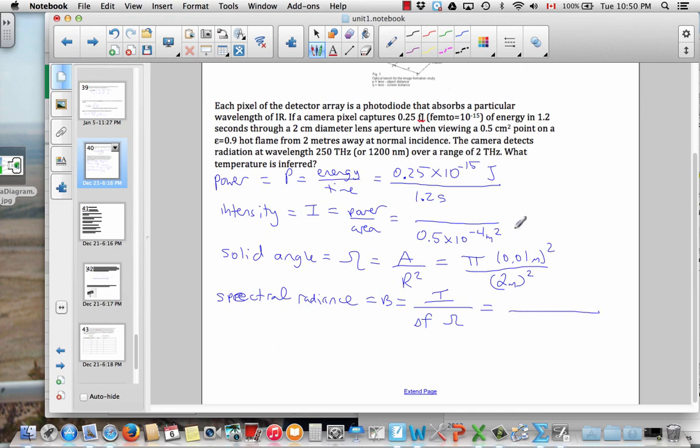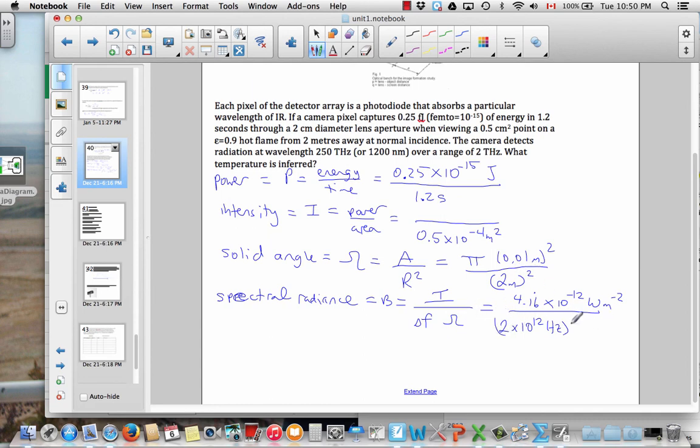So, with these calculations above, I find an intensity of 4.16 times 10 to the minus 12 watts per square meter of area. The width of the frequency channel, well, our camera detects over a region of 2 terahertz, and a tera is 10 to the power 12, so 2 times 10 to the power 12 hertz.